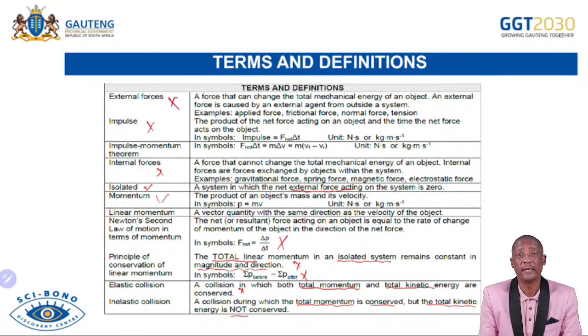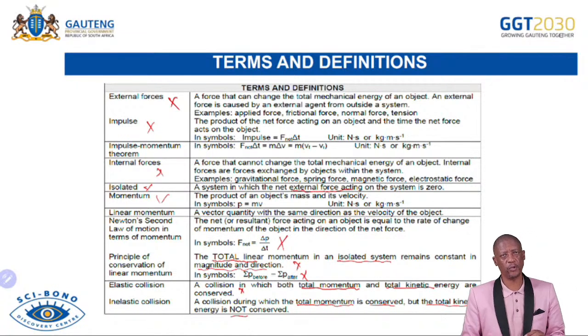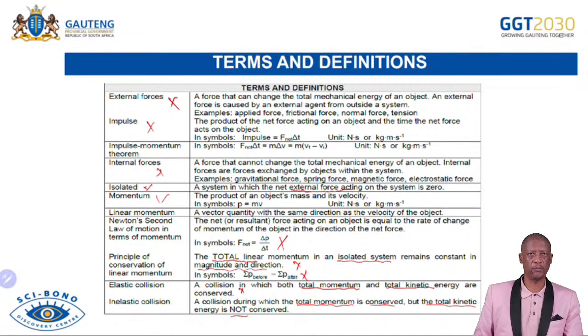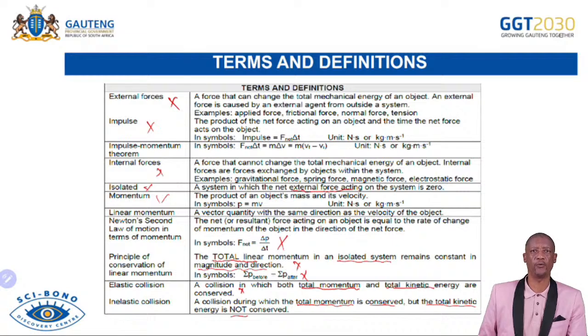Learners, these definitions are very important. They may want you to define them, or you can get them in your multiple choice questions. Remember, you have 10 multiple choice questions, which are out of 20, in Paper 1.